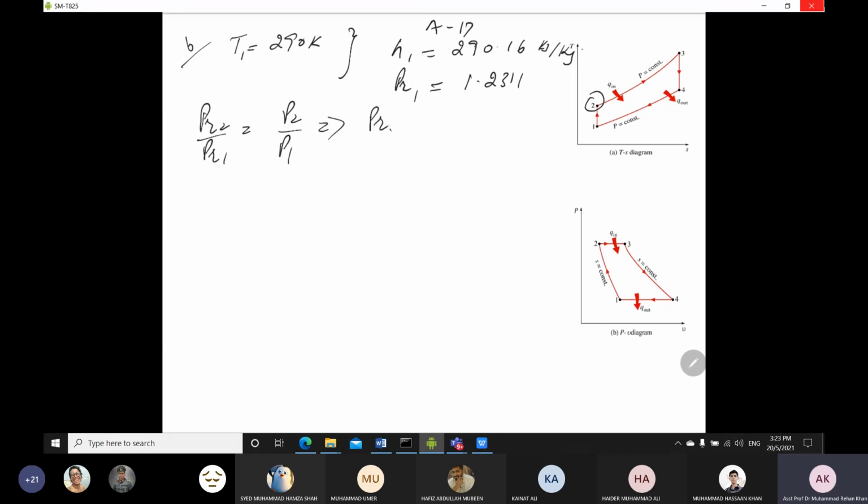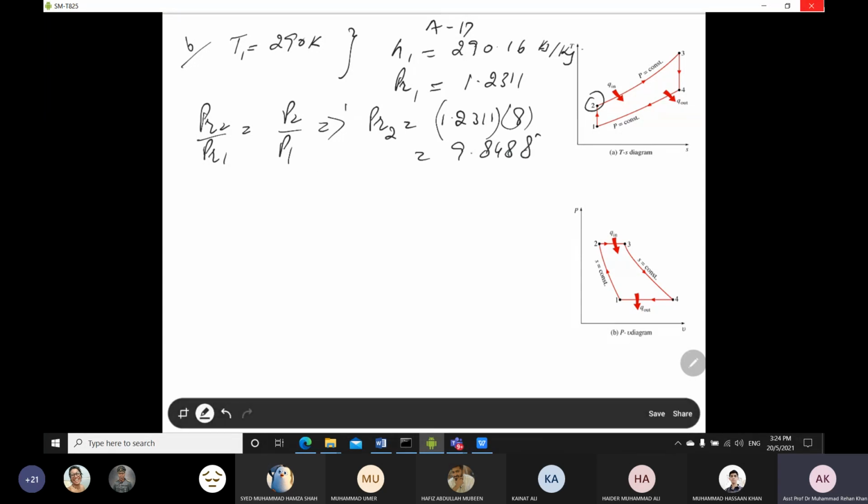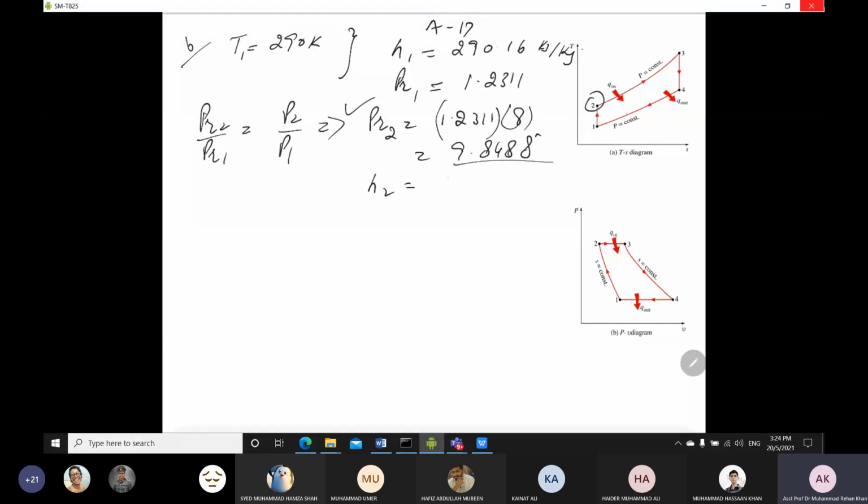That turns out to be PR2 equal to 1.2311 times the pressure ratio, which is 8. Simply multiplying these two terms gives 9.8488. Using this PR2 value, go to thermodynamic table A17 and, by interpolation, find the H2 value, which will be 526.12 kilojoule per kg.